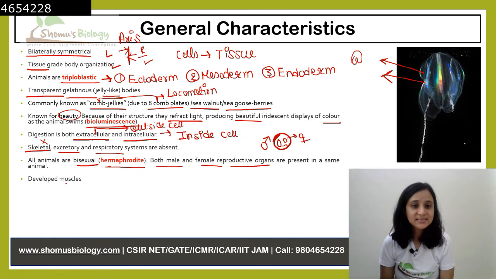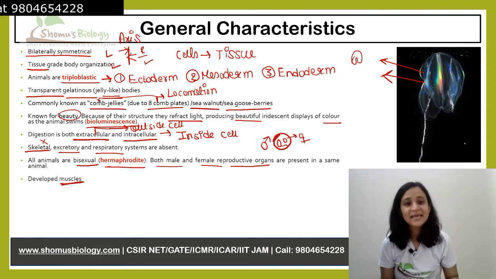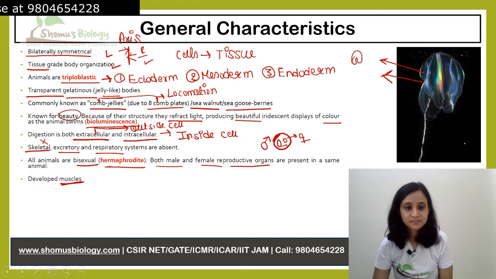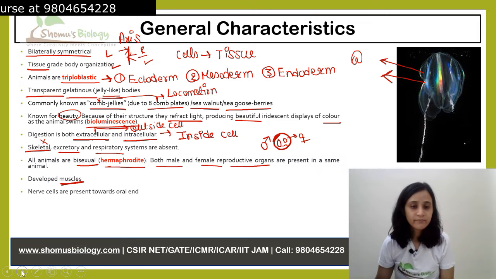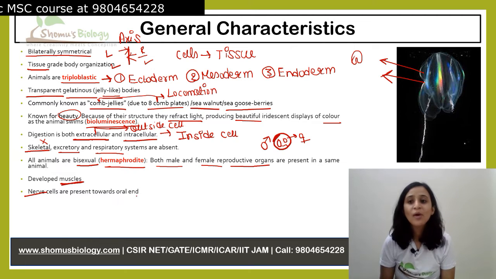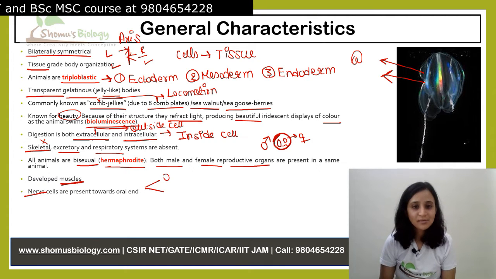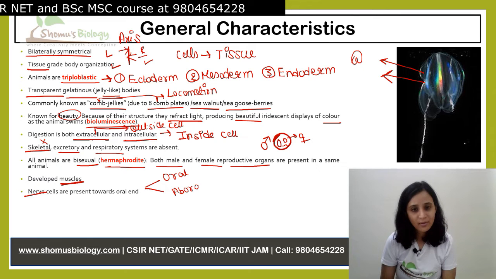They develop some muscles. So they have some muscles in their body. Nerve cells are present toward the oral end. So they actually have two ends: one is the oral and one is the aboral.